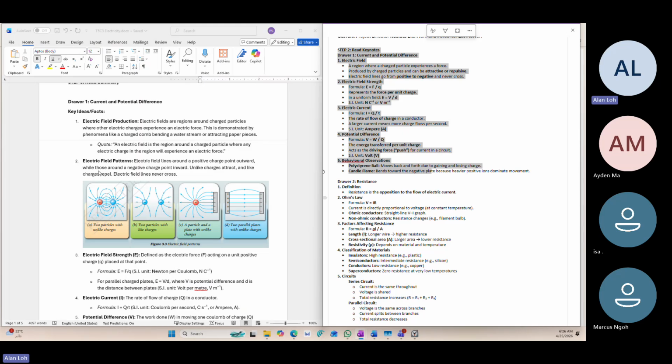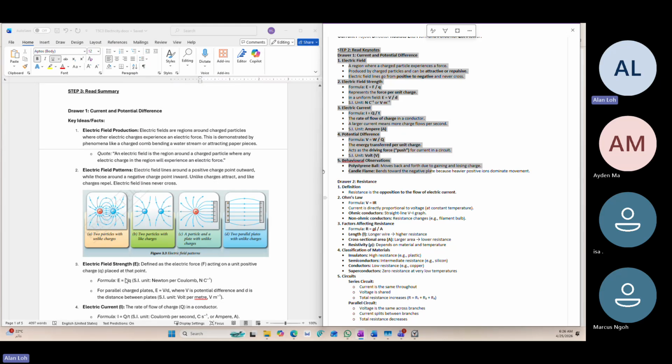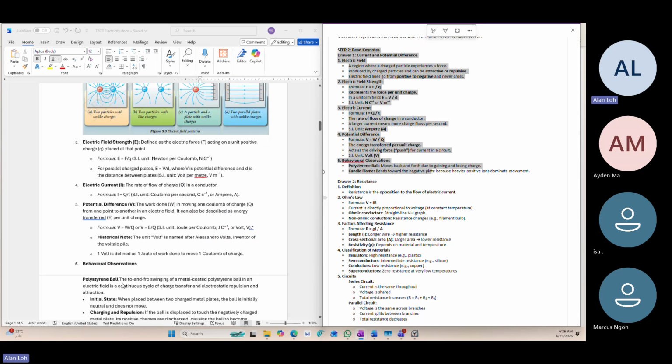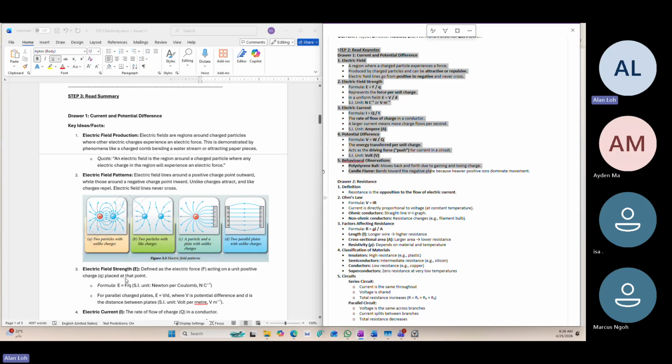I also have 5 key points in step 3. This is step 3, on the left side. So you have 5 key points, more or less the same sequence. What is the difference here? The difference is that on the left side, which is step 3, you have a bit more information than what you had just now when you were reading step 2.